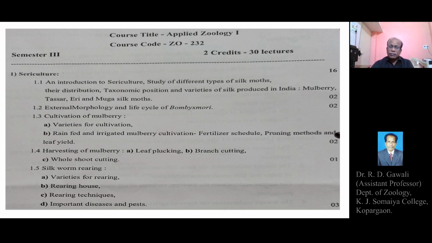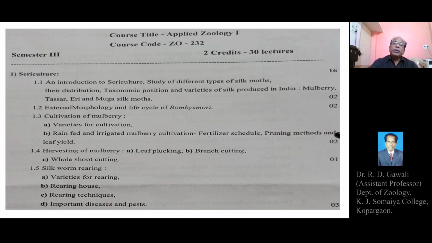Multivoltine, bivoltine or univoltine varieties can be grown or cultured in India in different regions as per the climatic and weather conditions present in the different regions or states of the country.